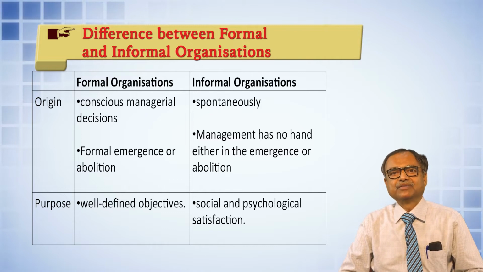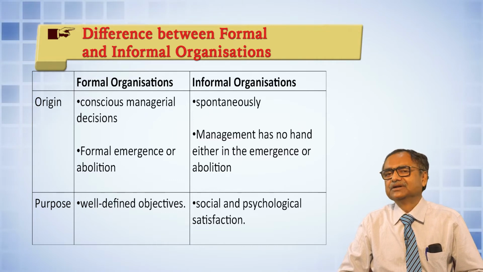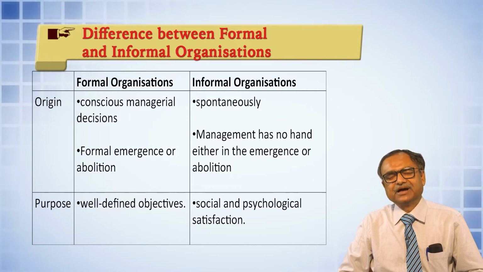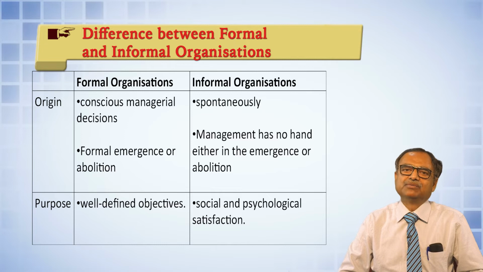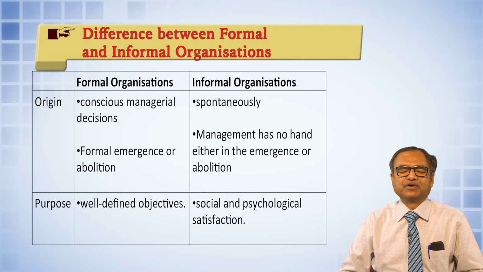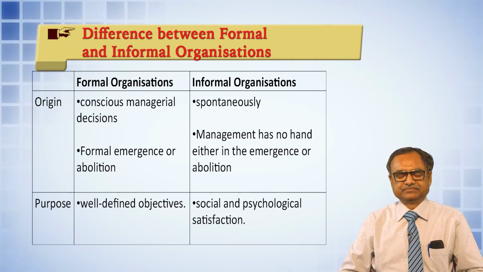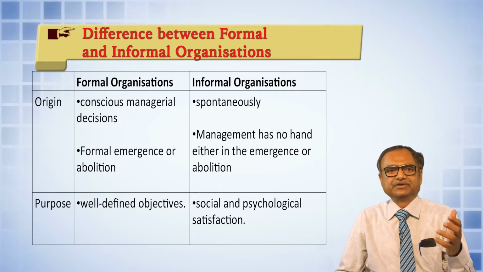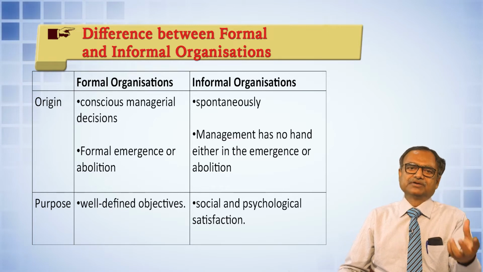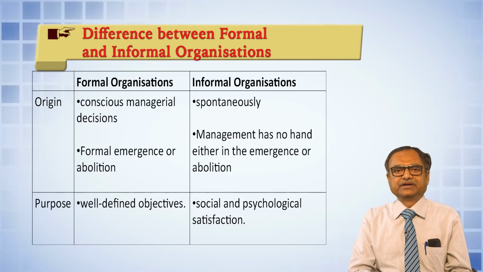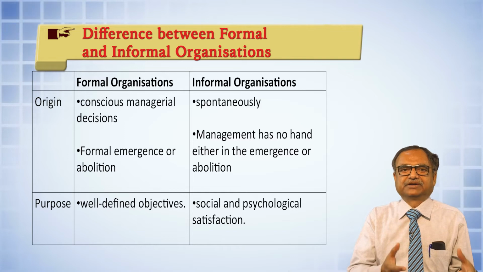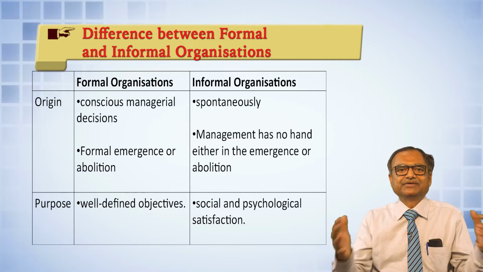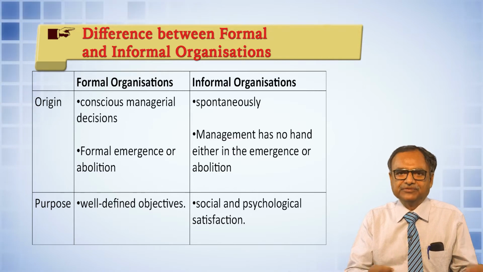As far as informal organizations are concerned, management has no hand either in the emergence or abolition of informal organization. Next, purpose. There are well-defined objectives in the formal organization, because if the manufacturing department is there, it has some objective, that this much production takes place in a month, in a week, etc. So there are well-defined objectives.